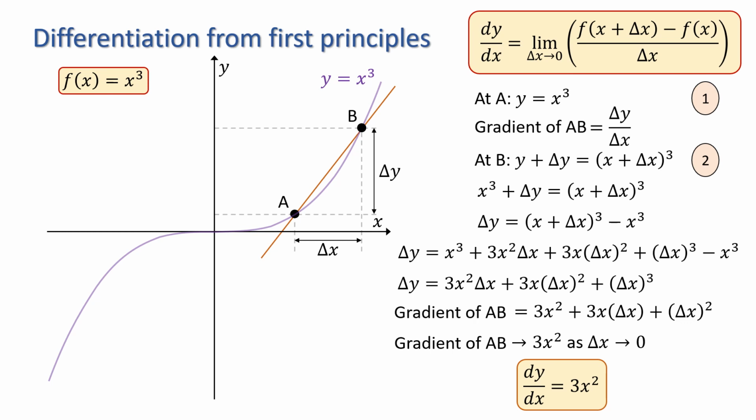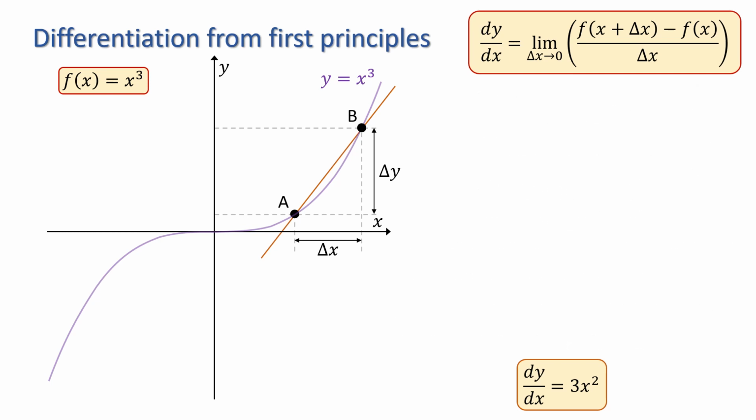This method is known as differentiation from first principles. In practice, we don't need to do this for known functions, as the result, in this case that the differential of x³ is 3x², is known. However, all of the established differentials have originally been derived in this way.